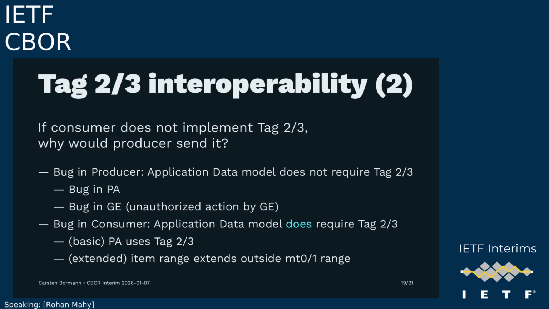It's a difference in what's required in terms of the libraries, of what's compiled. It could even be that the consumer thought it had support for tag 2 and 3, but it required a dynamic library that wasn't on the system, right? That kind of thing can happen, and you don't find out about it until later.